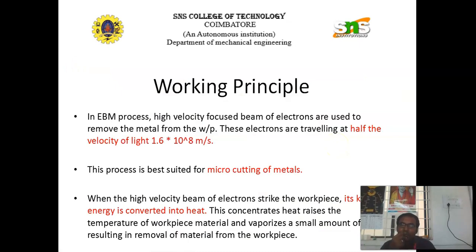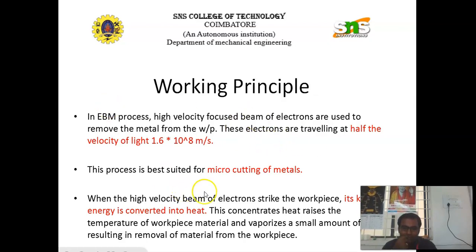Next, we are going to discuss the working principle behind EBM, the electron beam machining process. In the EBM process, a high velocity focused beam of electrons is used to remove metal from the workpiece. These electrons travel at about half the velocity of light, that is 1.6 × 10^8 meters per second. This process is best suited for micro cutting of metals.